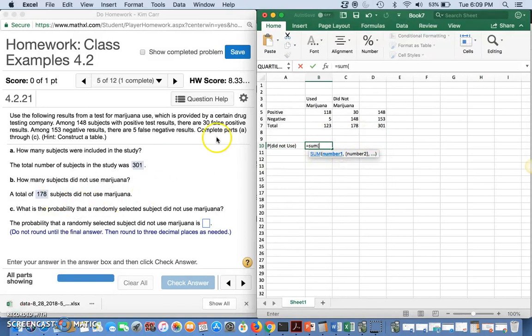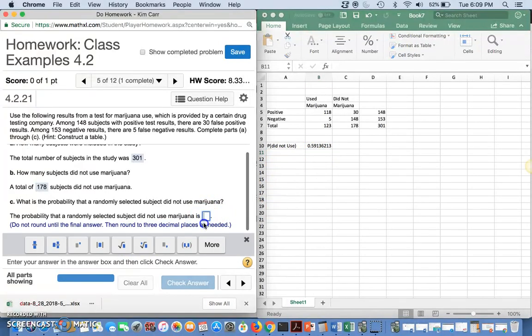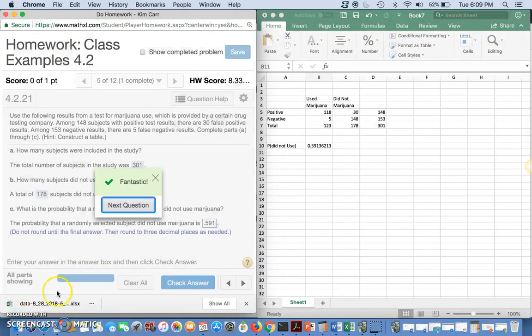Okay, the 178 goes on top, divided by the complete total of 301, and that gives you your probability. So that's 3 decimal places, 0.591. Okay.